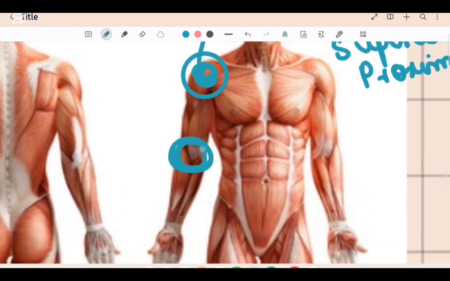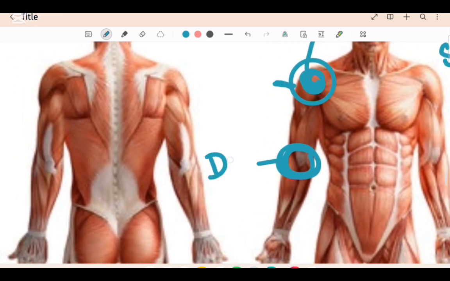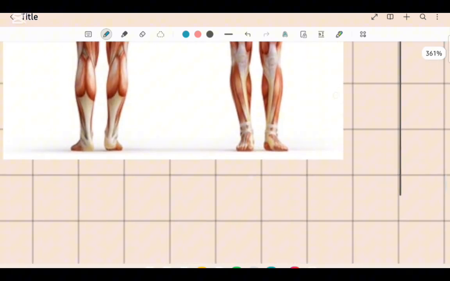Anything that is placed here as compared to this part will be distal, caudal, or the inferior. Okay, so that will be called the distal, inferior, or the caudal part. Okay, so that's basically in easy words how you can call it.